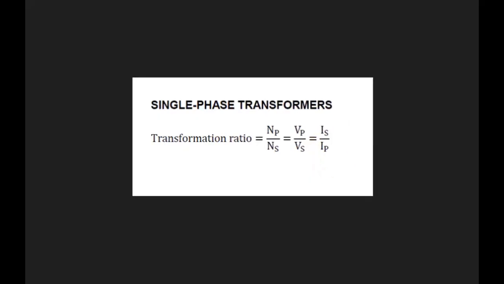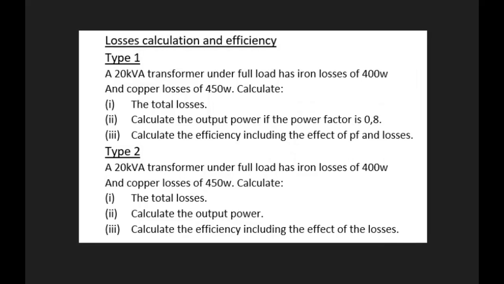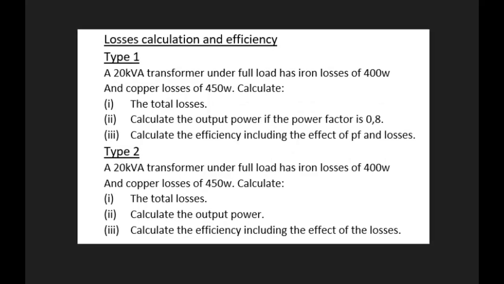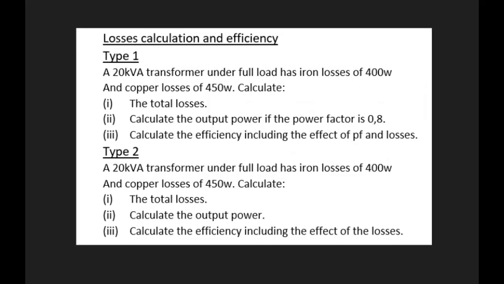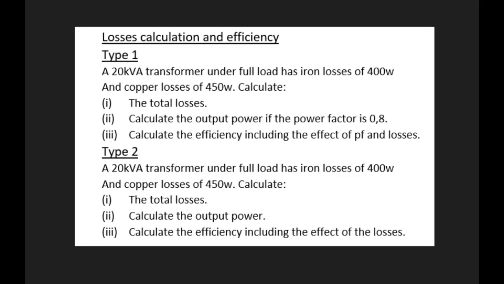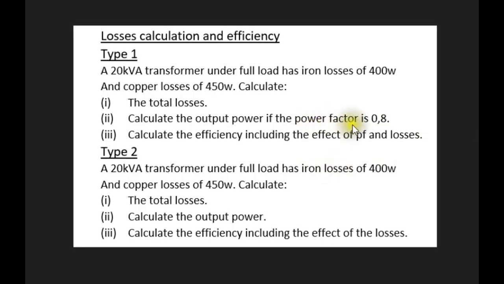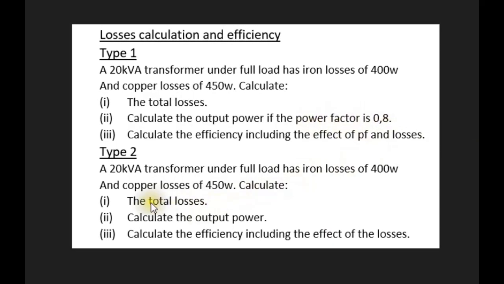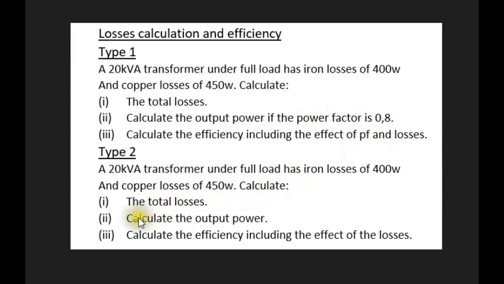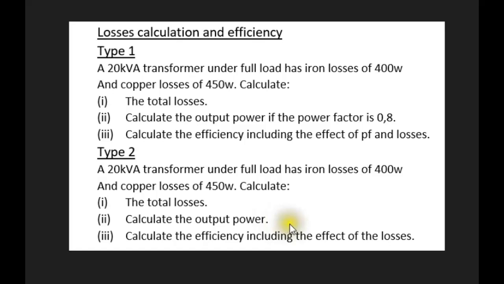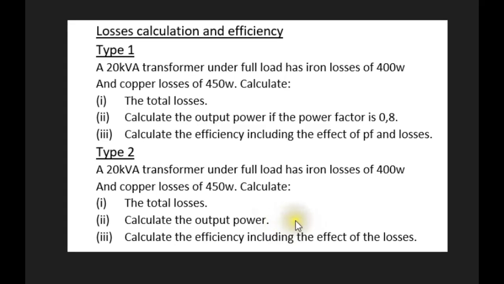Right, there are two types of questions for efficiency, the losses calculation and efficiency: type 1 and type 2. In type 1, notice there's a power factor. In type 2, there's no power factor. Looking at question number 2, no power factor. These are the two types of questions we have.